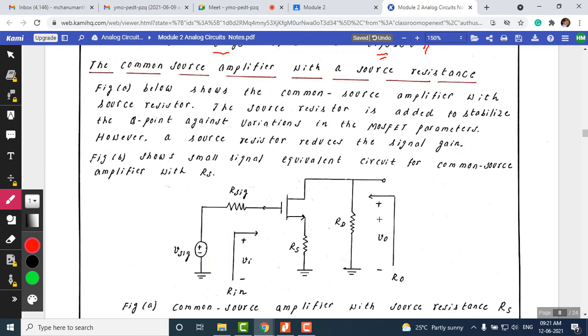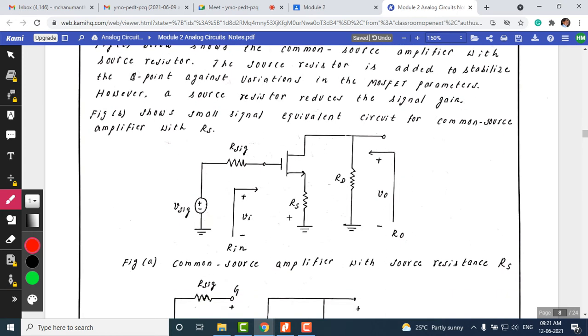So, any idea about adding RS? Is it an advantage or a drawback here? Any points you are familiar with? Any benefit you are going to get?